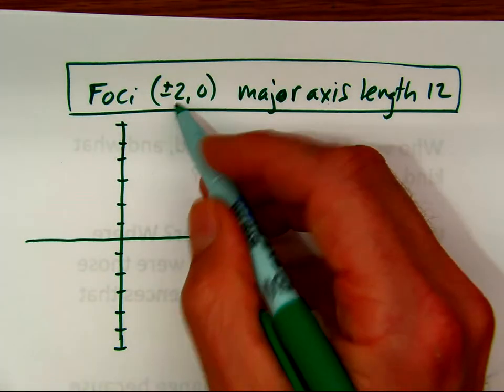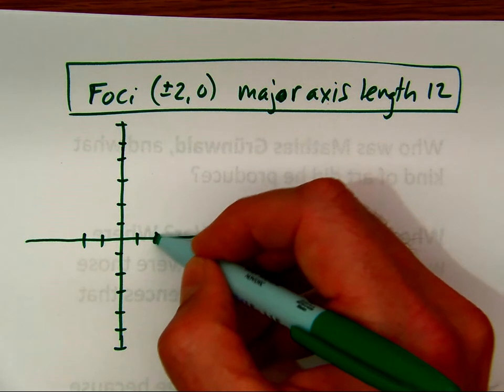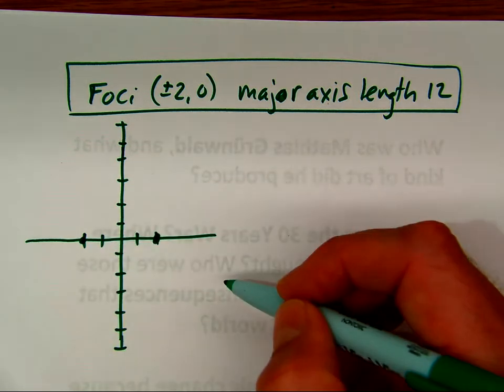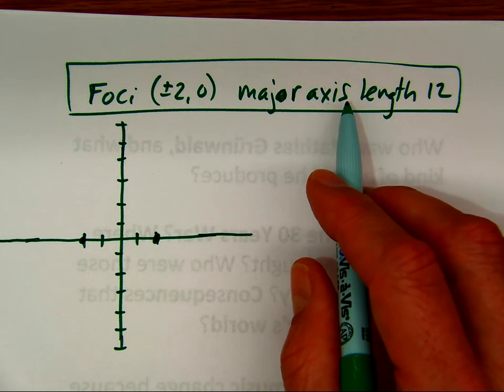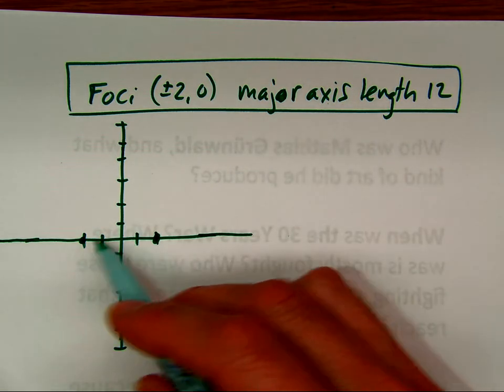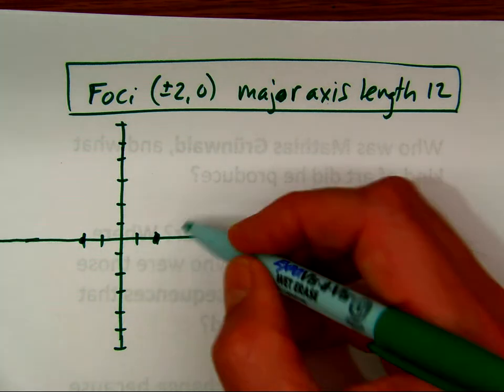Foci, over 2 up 0 and left 2 up 0. The major axis is always along, the foci are on the major axis, so we know that the major axis must be where the foci are.